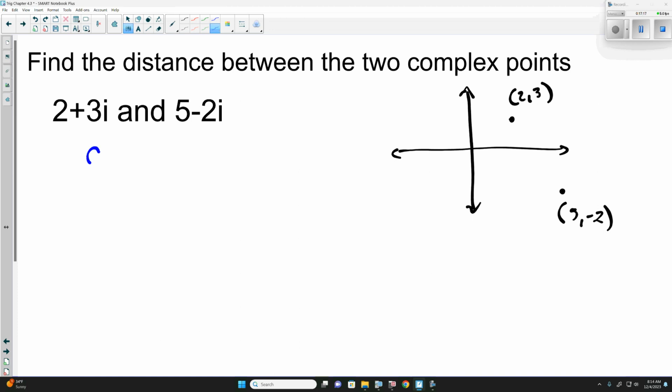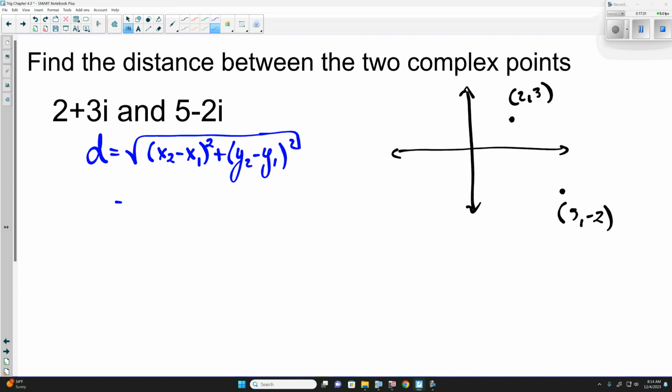And the distance between any 2 points is the square root of x sub 2 minus x sub 1 squared plus y sub 2 minus y sub 1 squared, just our distance formula. And for us here, the two x values are the real numbers. So we'd say 2 minus 5 squared.